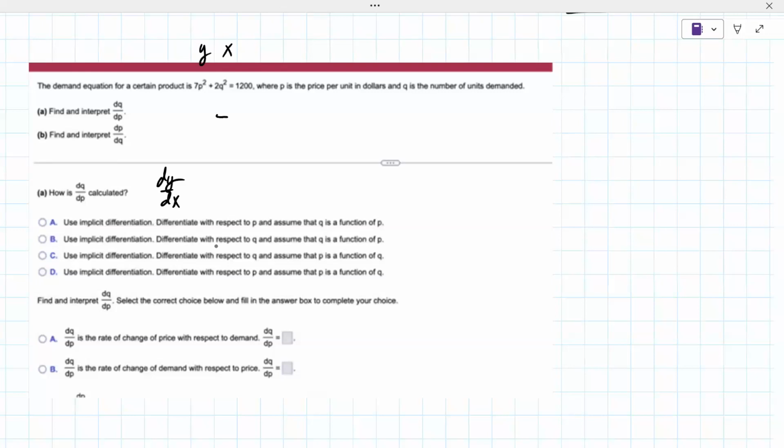So imagine that this is really 7x squared plus 2y squared equals 1200.